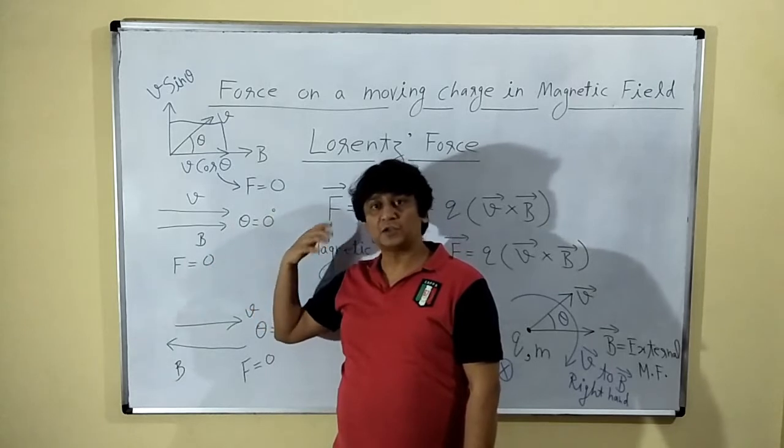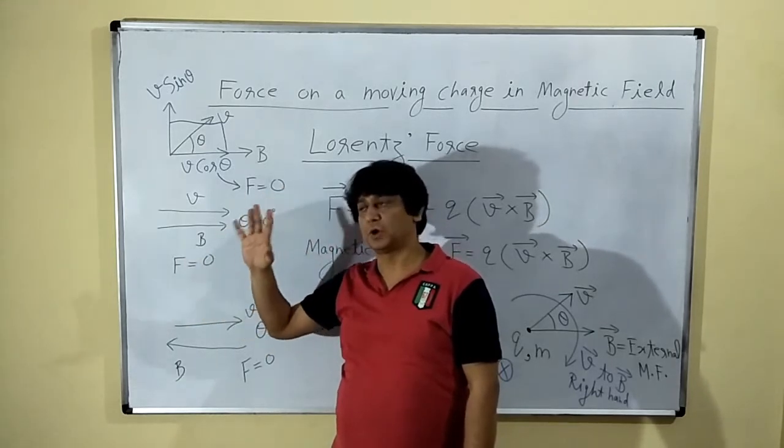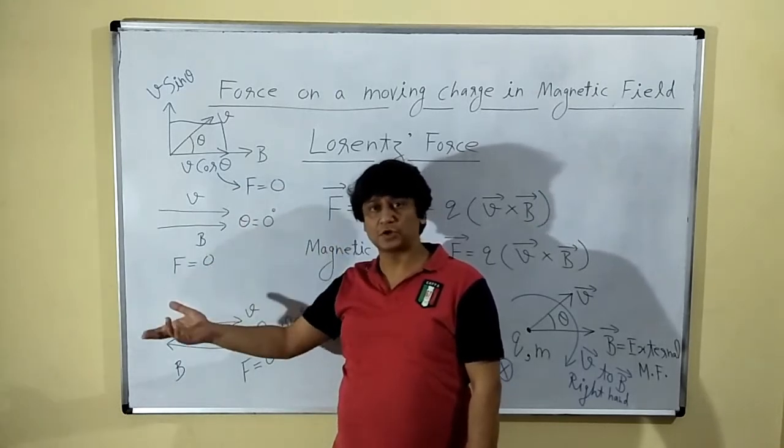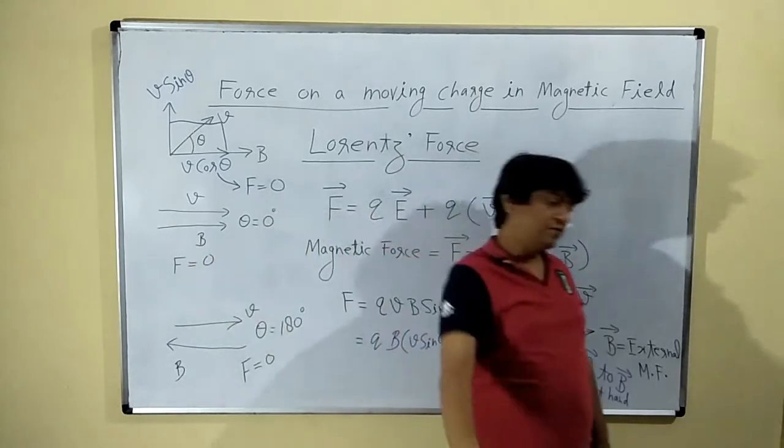ना तो पाथ चेंज होगा, ना वेलोसिटी का मैग्नीट्यूड चेंज होगा, क्योंकि फोर्स ही नहीं है। अगर फोर्स नहीं है, that means there is no acceleration. If there is no acceleration, what is acceleration? Rate of change of velocity.